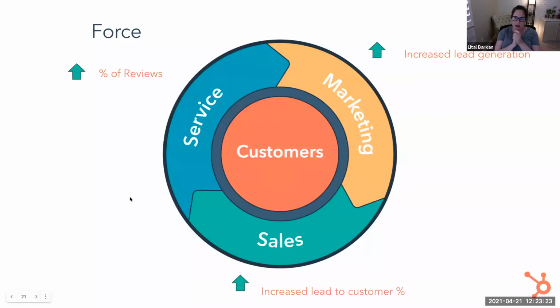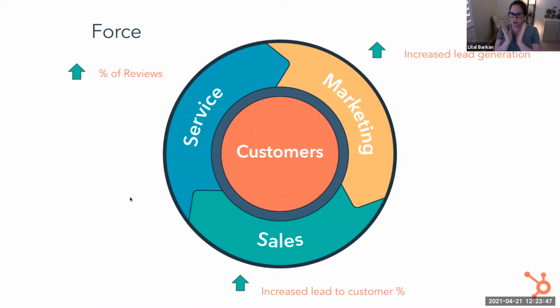And yes, a lot of your responses are in line with ours. So on the marketing side, you could increase your lead generation. Some of you talk about more PPC ads, sponsoring content, whatever that is to increase your lead generation, that's force into your flywheel. But that's not the only way, right?